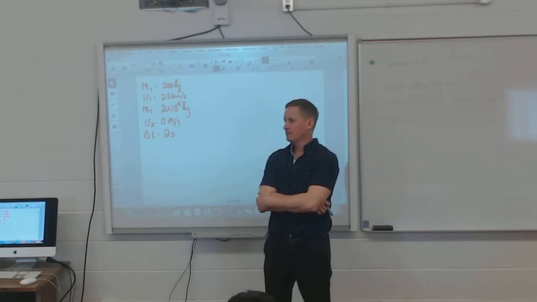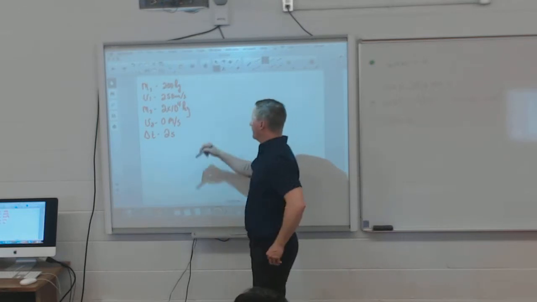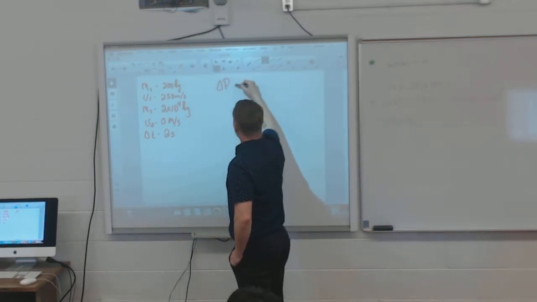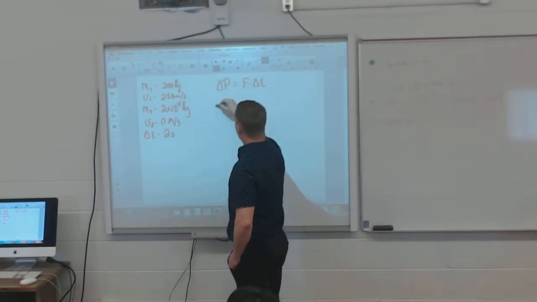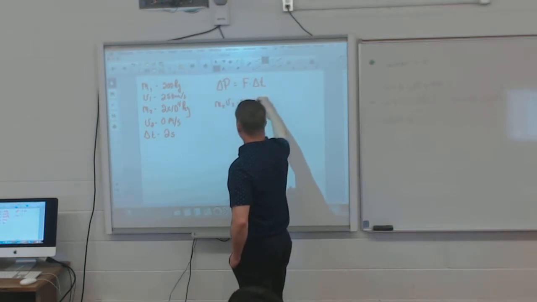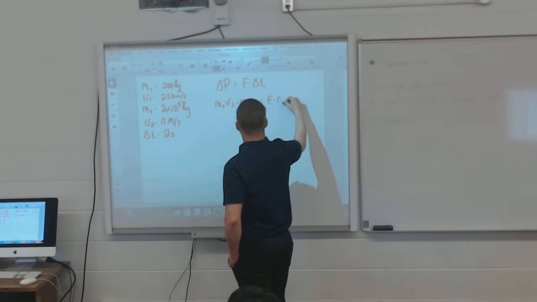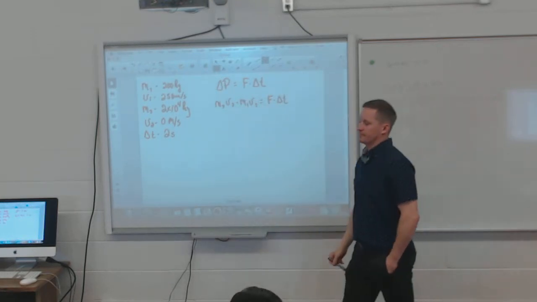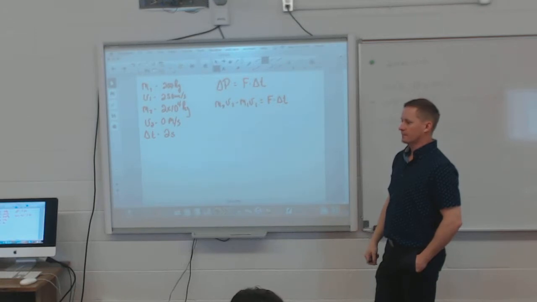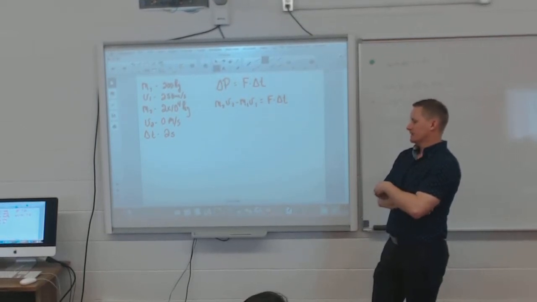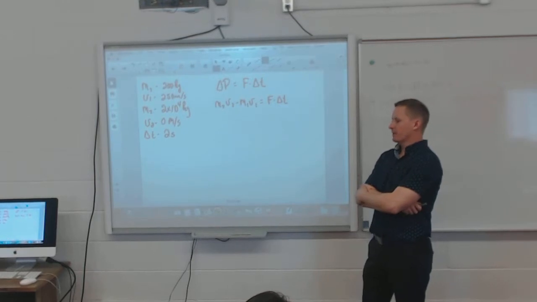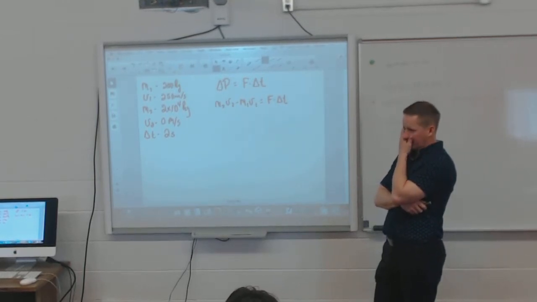So the change in P is equal to impulse. You're going to use that after to get the velocity of your cannon, probably.